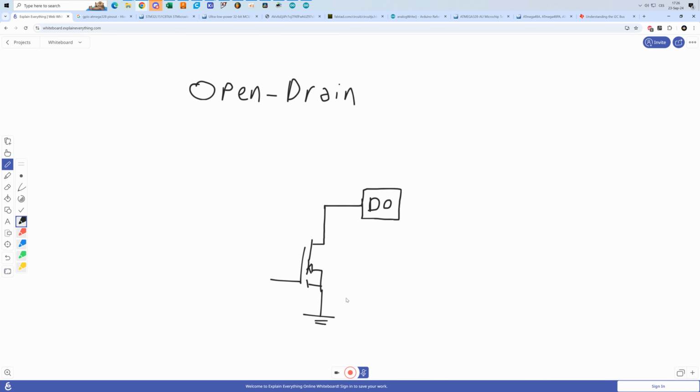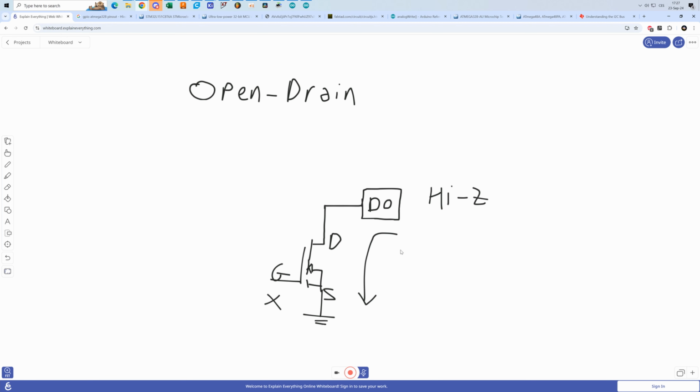So it's called the open drain because the MOSFET has a gate and source and drain. And the drain is the terminal that is connected to the pin. Now, open drain configuration can only sink current, or if this transistor is turned off, then it will be in high Z state.